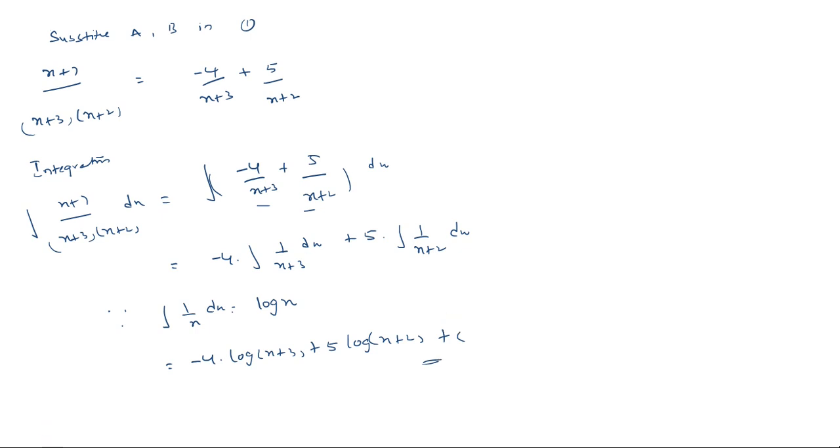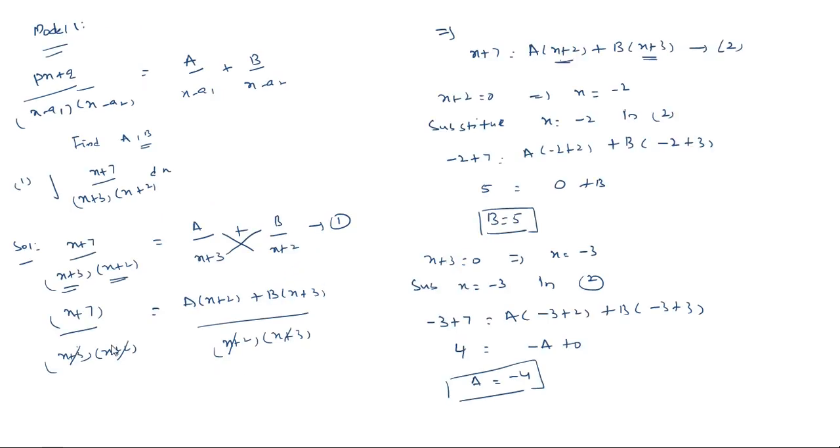So first, how we started the problem. In this model, first we identify which type of model it is: (px plus q) by (x minus a1) into (x minus a2). So we take that here two factors are involved, one is x minus a1, another is x minus a2. If two factors are involved, take two arbitrary constants, that is, a is one arbitrary constant, b is another.